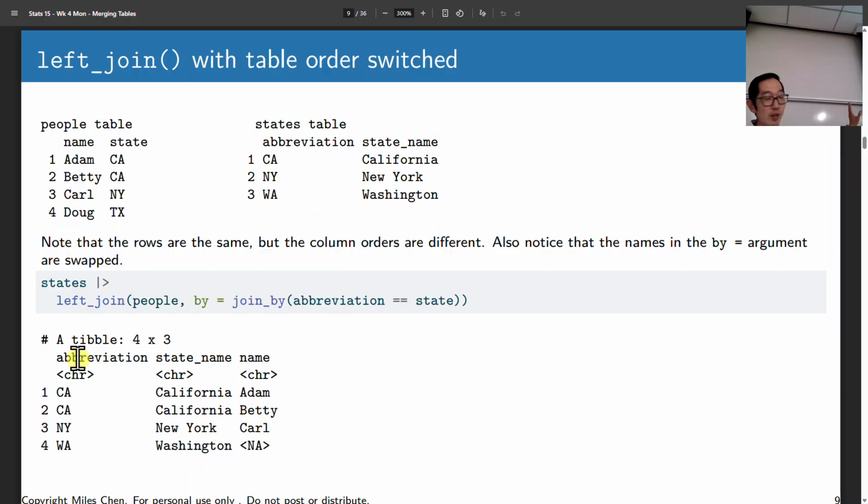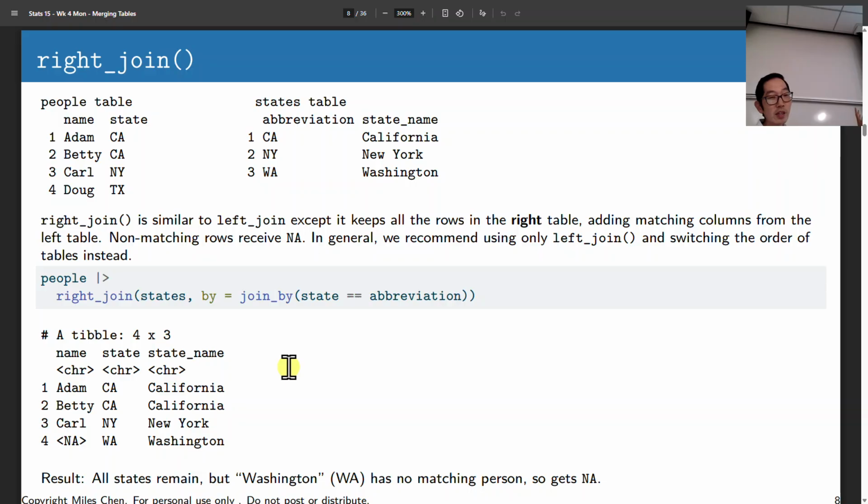So the column names end up being abbreviation, state name. If you wanted it the other way, where this is the base and we're joining in stuff from over here as far as the column names go, then you could do it this way. You end up getting the same rows, but the names get pulled from the left table.